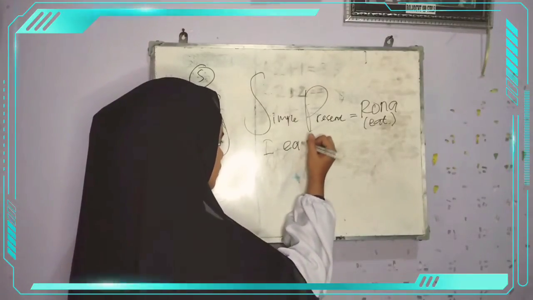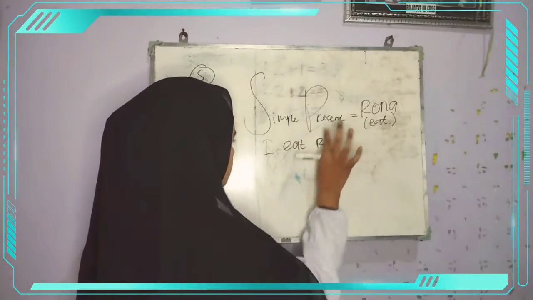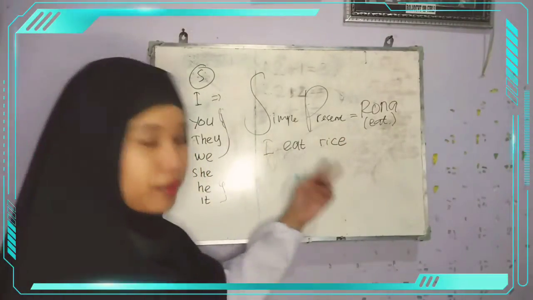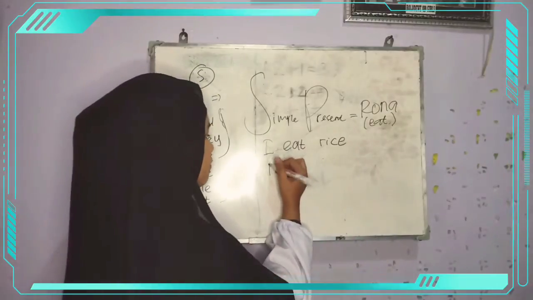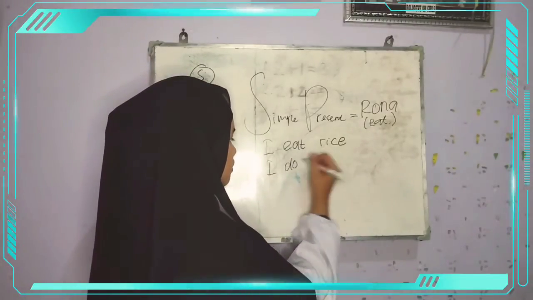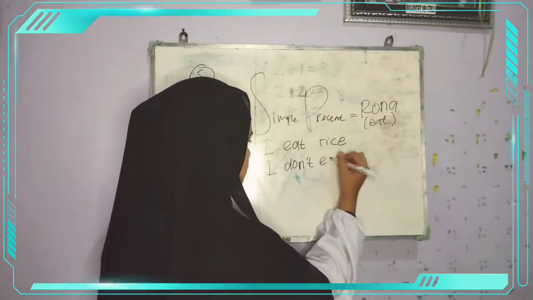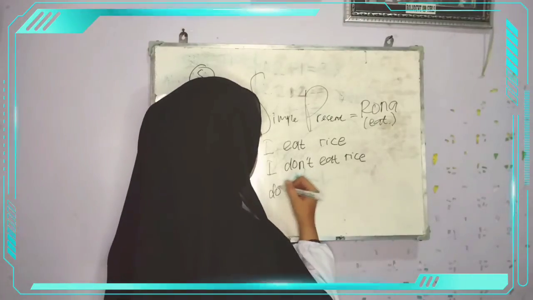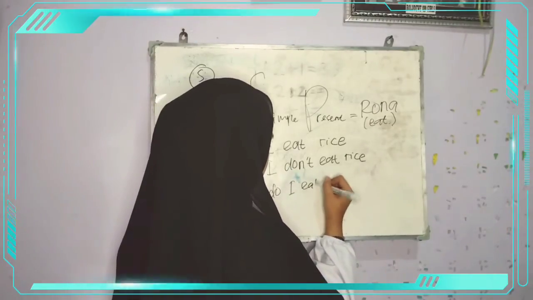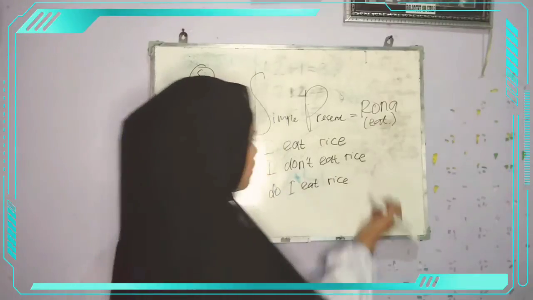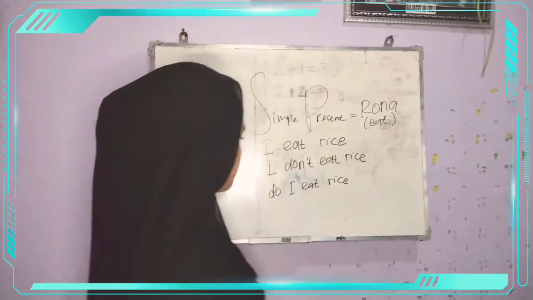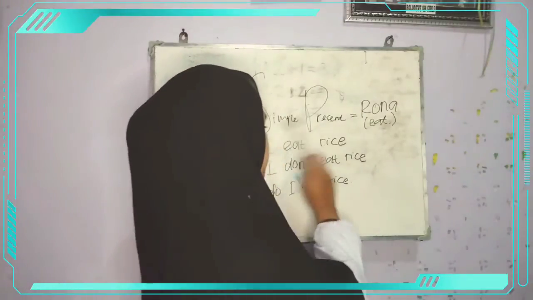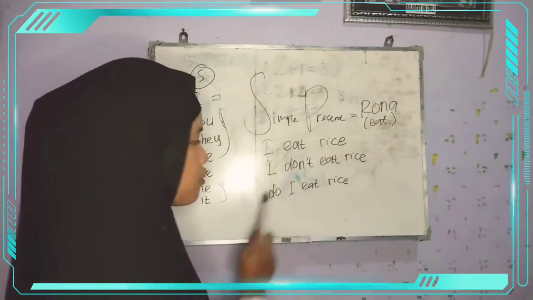Do I eat rice? For the last, do I eat rice? It's nice, Rona. It's good. Well, you can make an example about simple present. I eat rice. I don't eat rice. Do I eat rice?